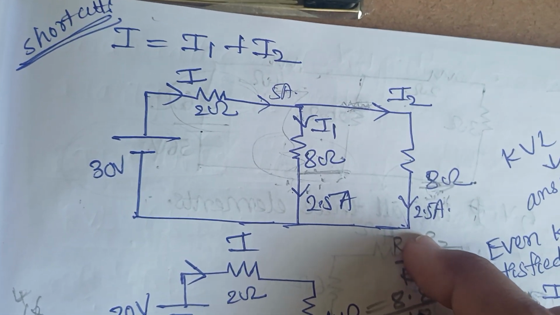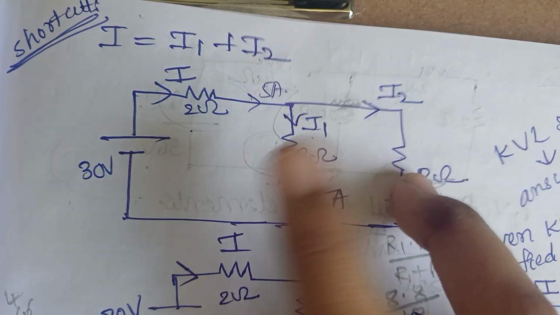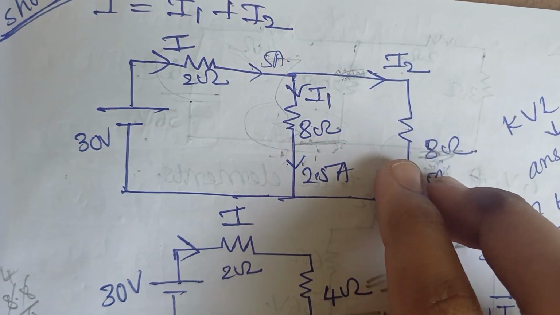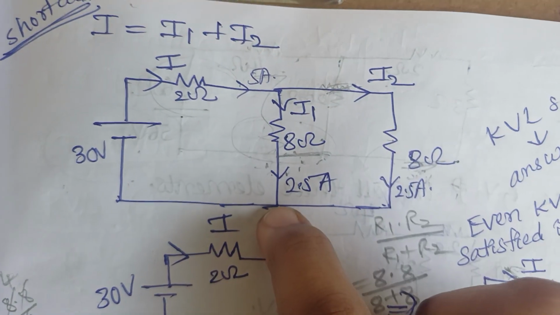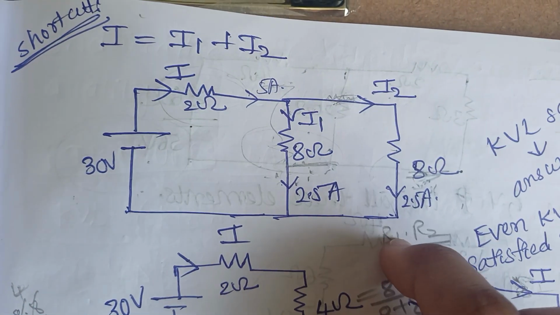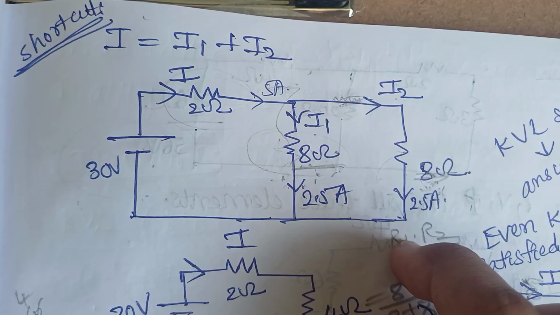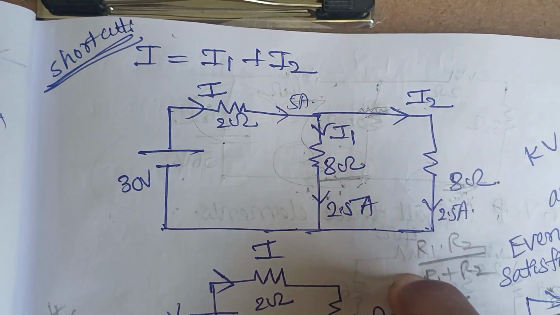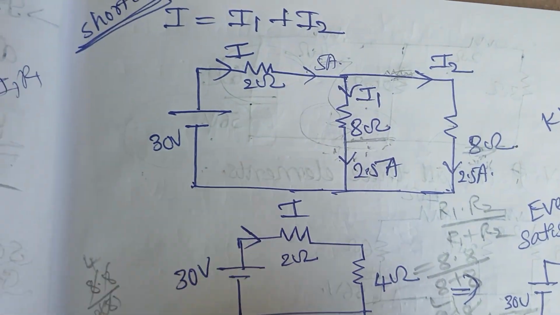And here you may get a doubt: what if the two resistances were not equal? We'll discuss this in the next question. Okay, now your I1 will become 2.5 ampere and I2 will become 2.5 ampere, which also satisfies our KCL, that is 2.5 plus 2.5, which gives the value as 5 ampere again.